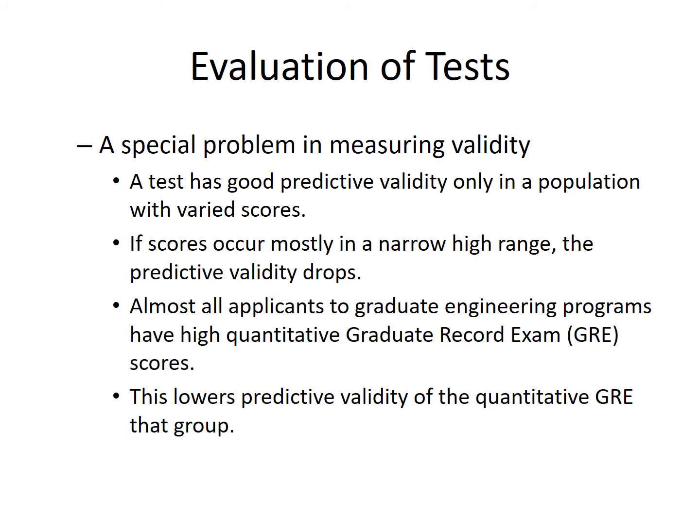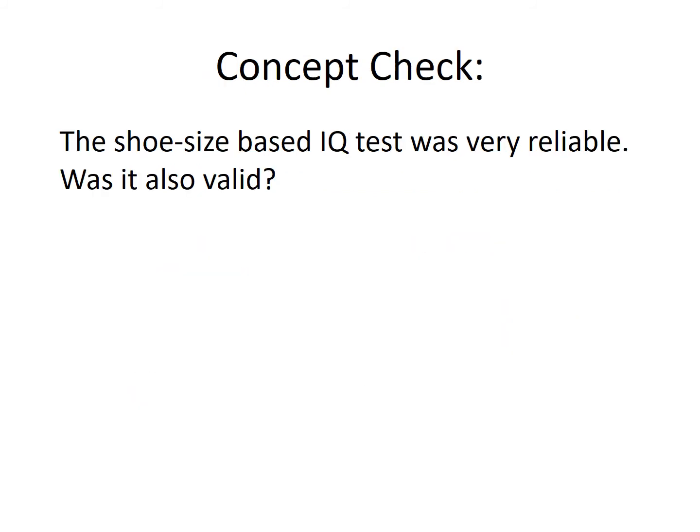The GRE is one of these tests that falls in this realm. It doesn't have a very strong predictive validity because a lot of graduate programs have a cutoff, and if they're only accepting the top 25% or the top 20% of people, the other 80% are moved out of this data assessment, so it's hard to predict the actual validity of tests or assessments.